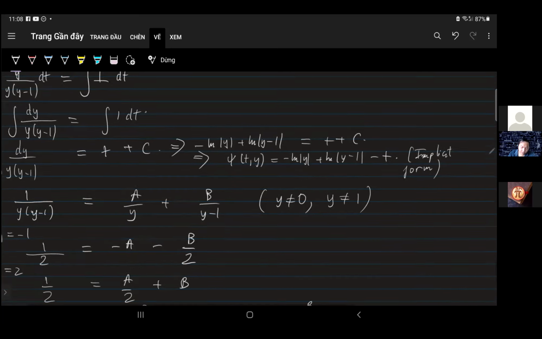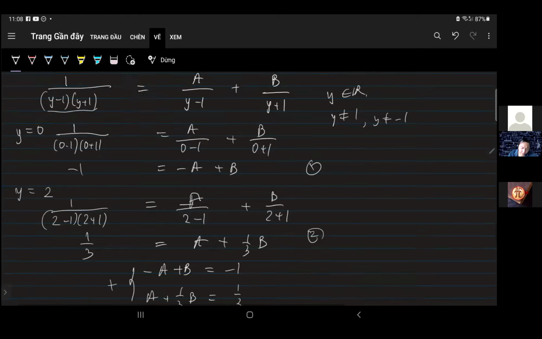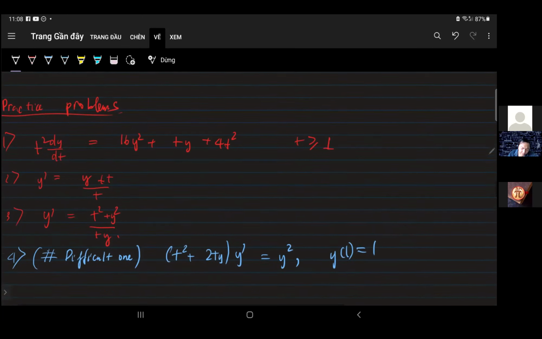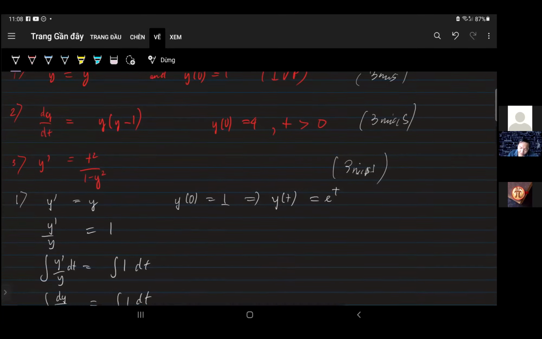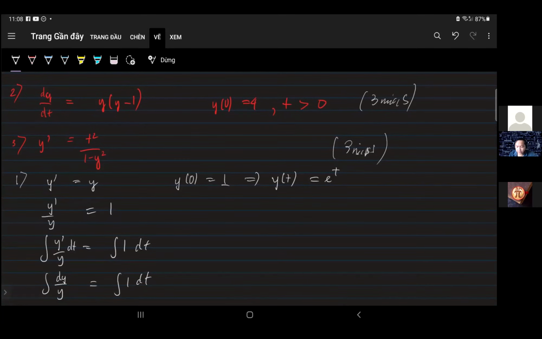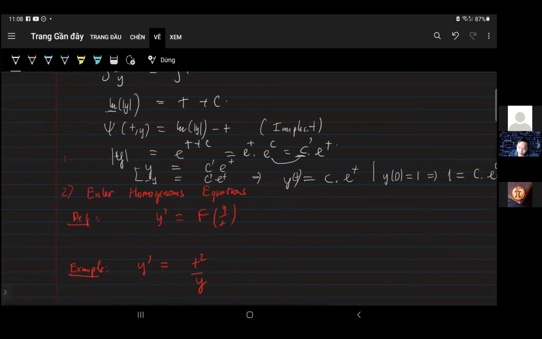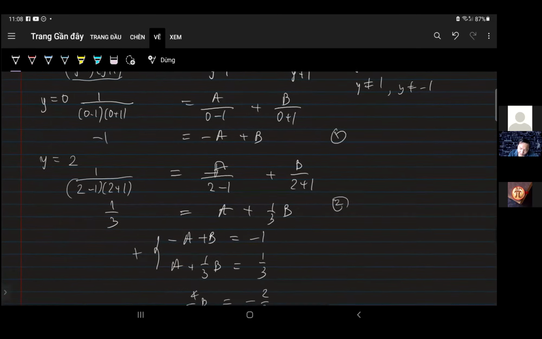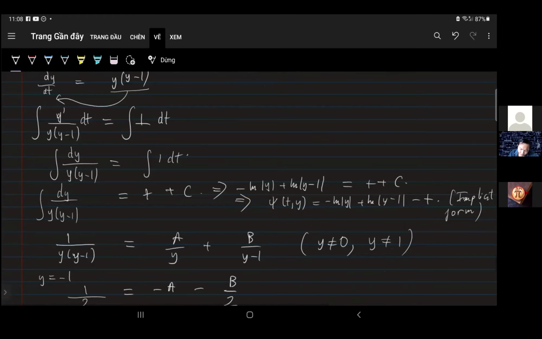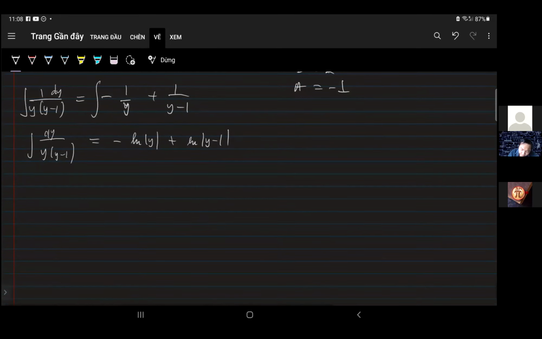Right. Okay, so let me check whether we have the initial condition for this question. Okay, we do have the initial condition. We know that y0 is 4 and t is positive. Okay, so let me write here.